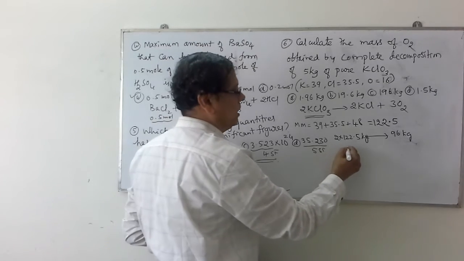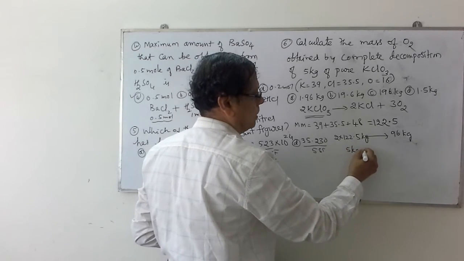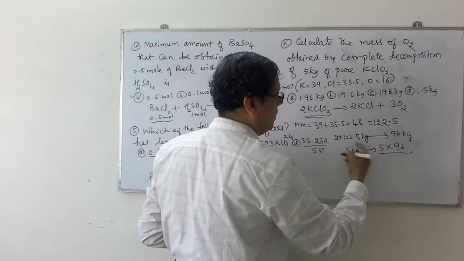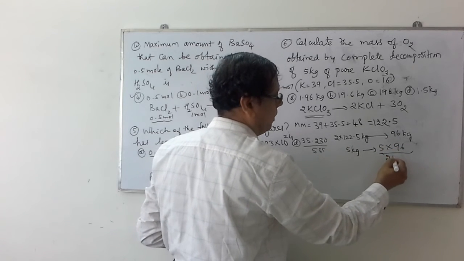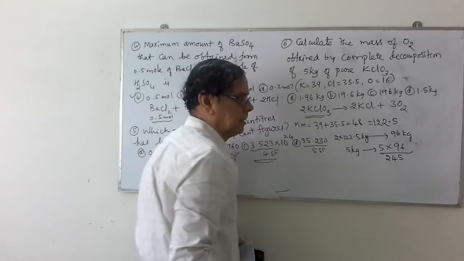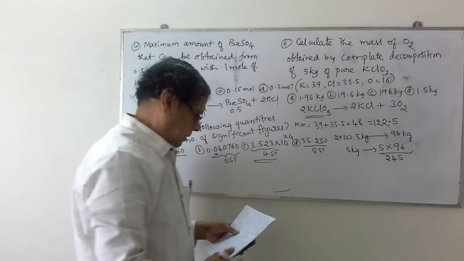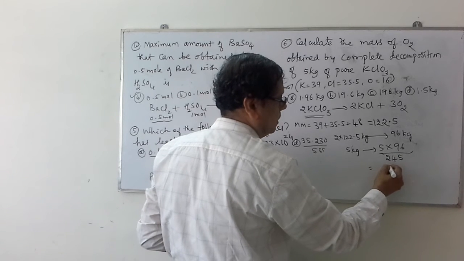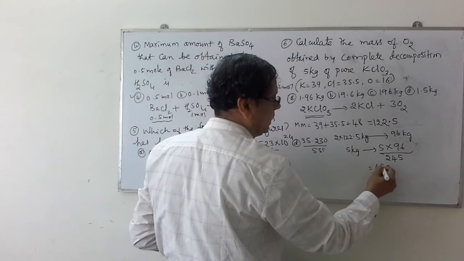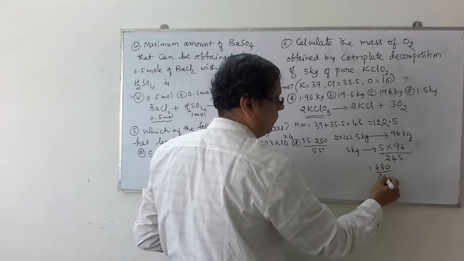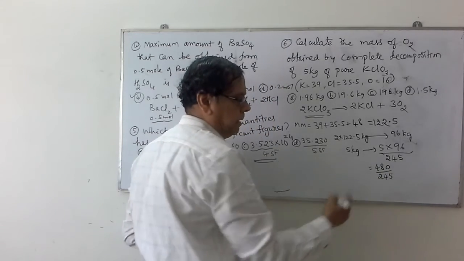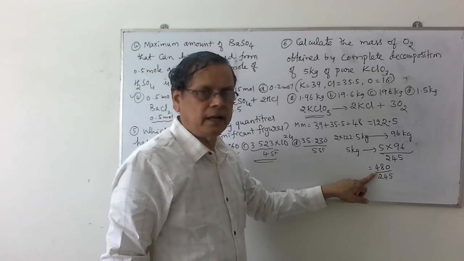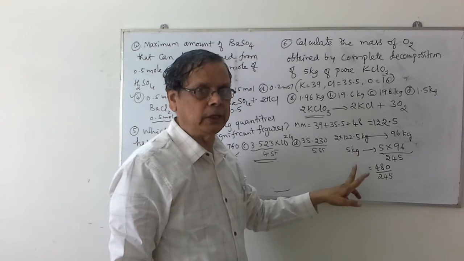Therefore, 5 kg will give rise to 5 into 96 divided by 245. The answer comes out to be, this will be numerator 480 divided by 245. Just remember, approximately if you calculate, it will be more than 1.5 but less than 2.